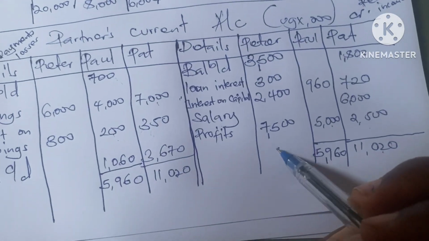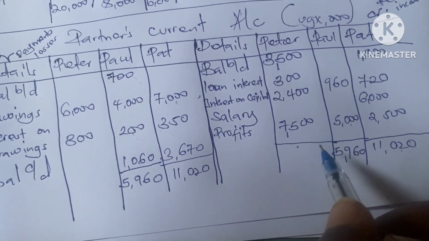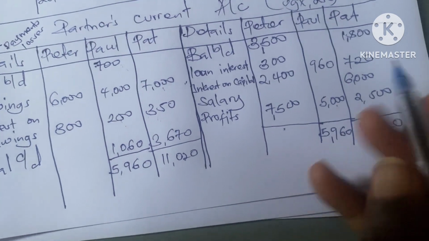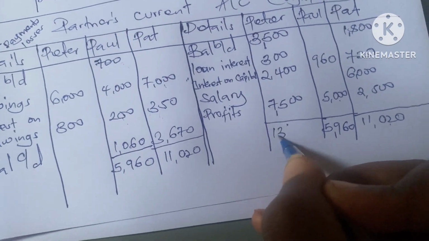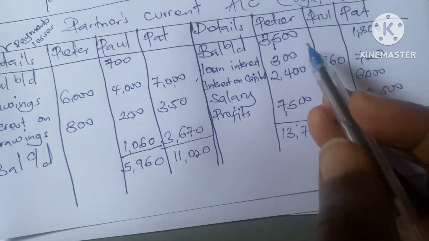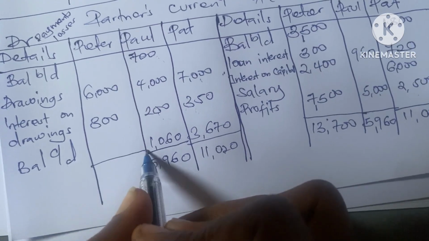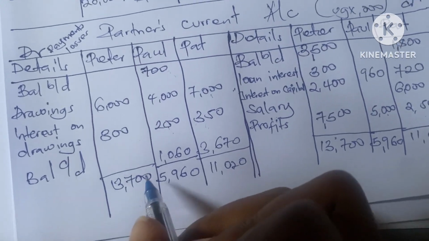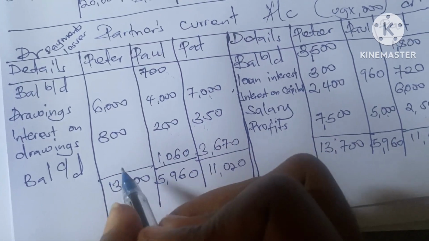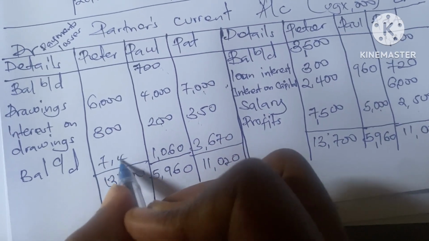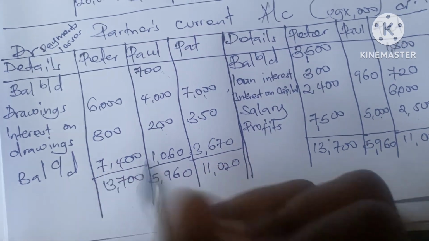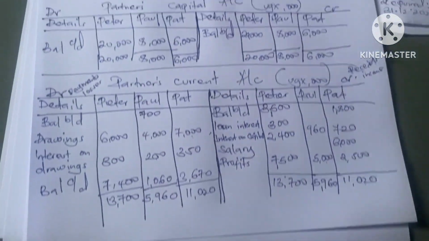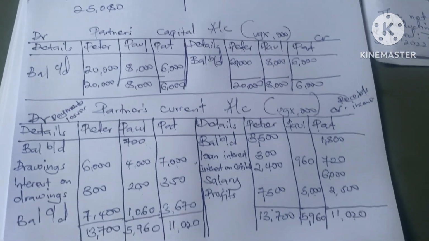Then you compare Peter's column. This is 6,300. This side is obviously greater. It is 13,700. You add. So you put a bigger figure on both sides. So this minus that, what you get is the closing balance, 7,400. So that is the partner's current account and then the capital account.